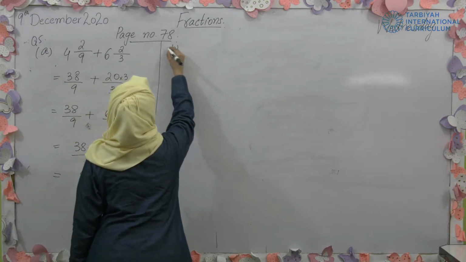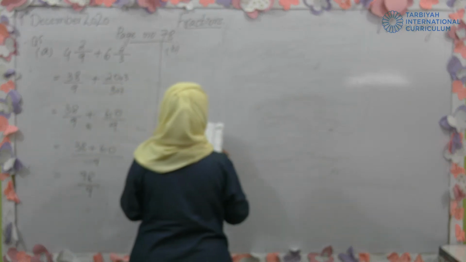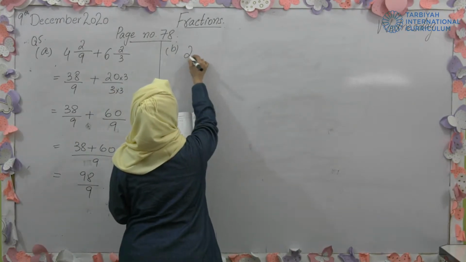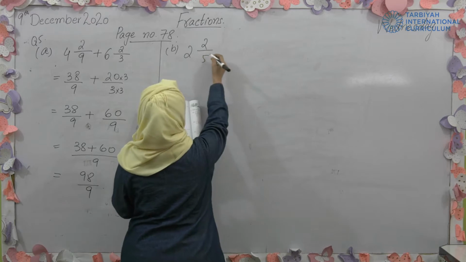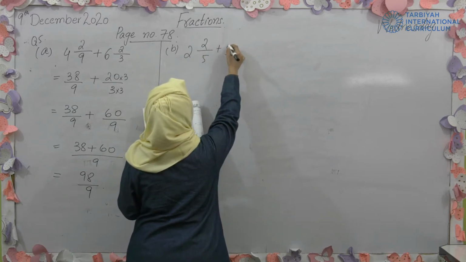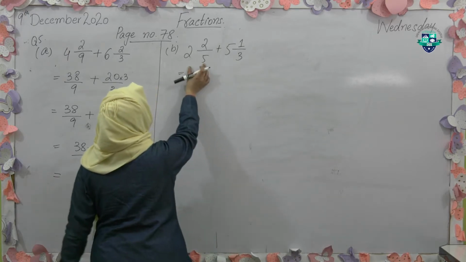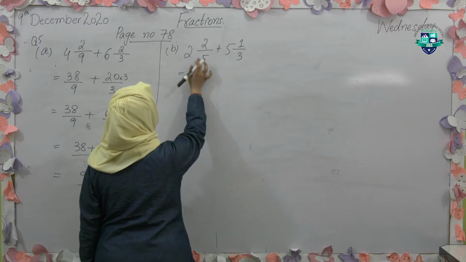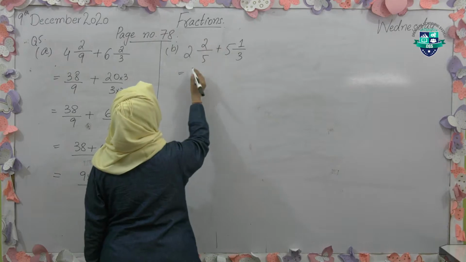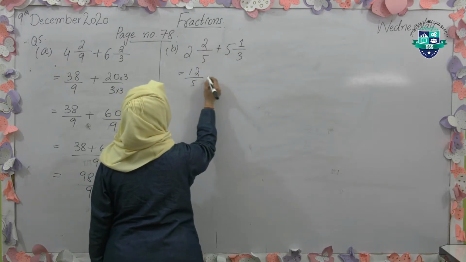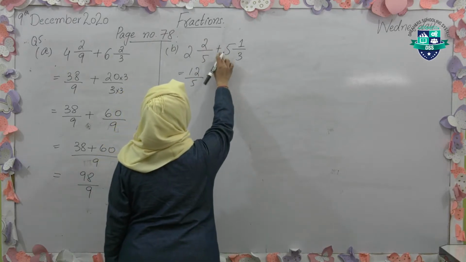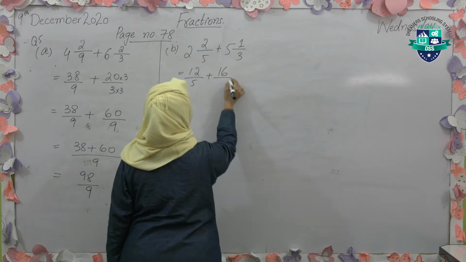B part, 2 whole 2 by 5 plus 5 whole 1 by 3. Changing mixed numbers into improper fractions, 5 2s are 10, 10 plus 2, 12 by 5 plus 3 5s are 15, 15 plus 1, 16 by 3.